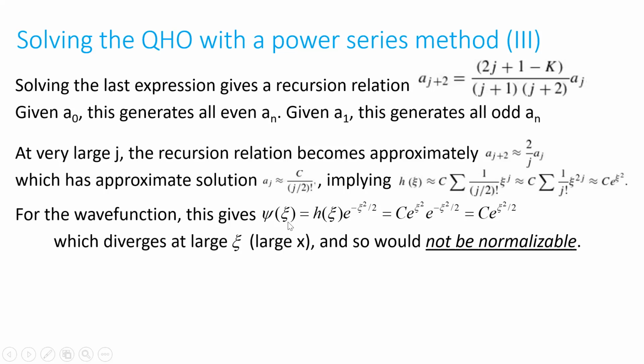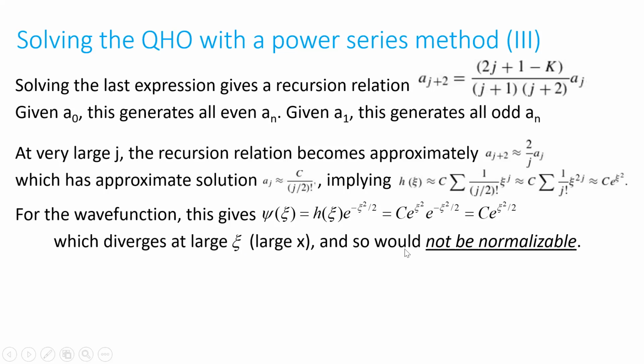That is e to the something positive, and psi depends on x. As x gets bigger and bigger, psi gets bigger and bigger, and so the wave function would get bigger and bigger. So the wave function will diverge at large values of psi, or large x.